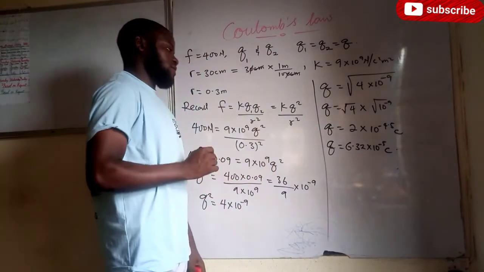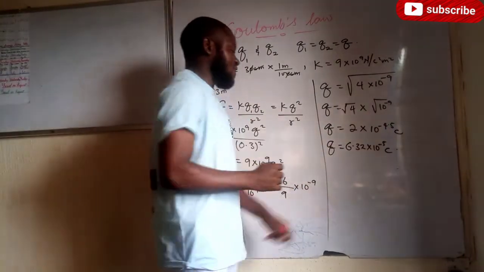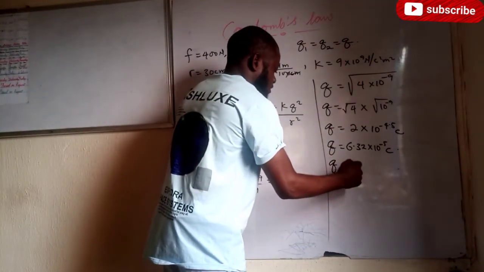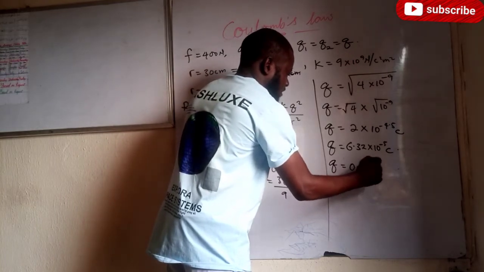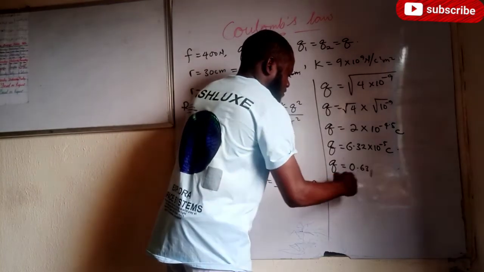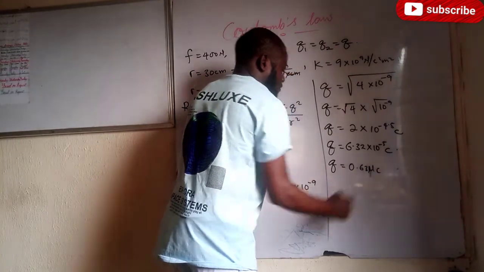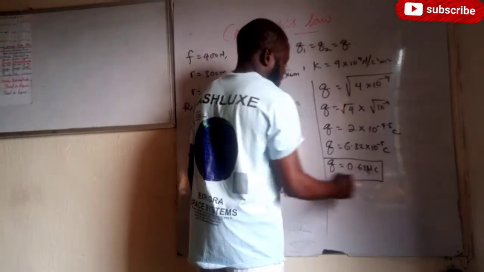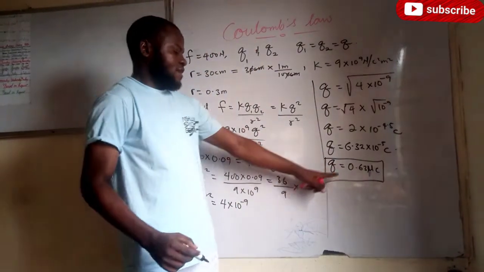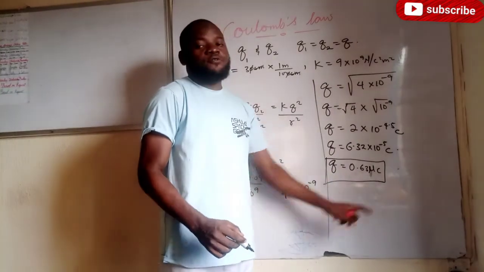Do we get this now? So if I want to write this as microcoulomb, I'll say Q equals 0.63 microcoulomb. So the value for the two point charges is 0.63 microcoulomb each.